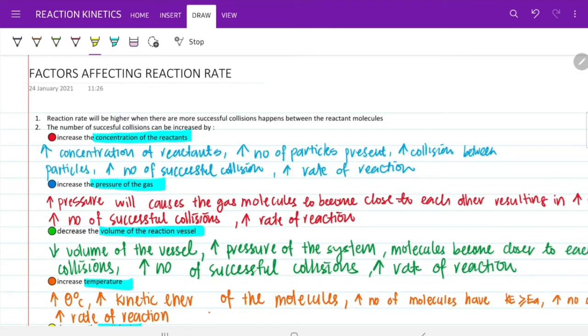In order for a reaction rate to be higher, you need to make sure there are more successful collisions between the reactant molecules.